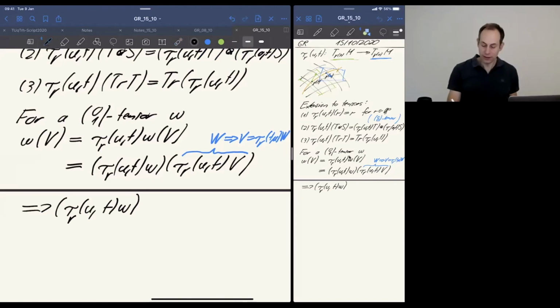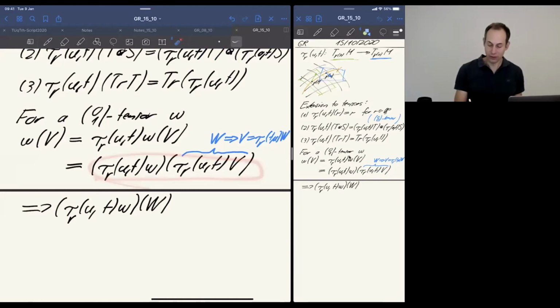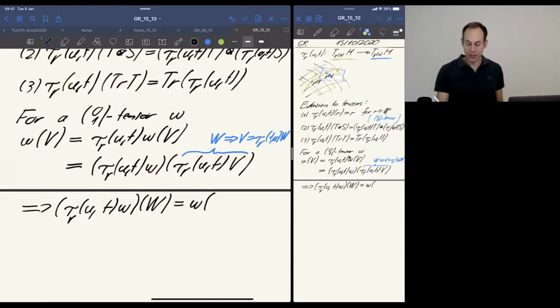Now I understand this object if I know how it acts on a w, but that is something I already know because that's now exactly this line. So I know this is just equal to that thing here and therefore equal to that. So this is equal to omega applied to v, but v is now just tau gamma t, u, w.